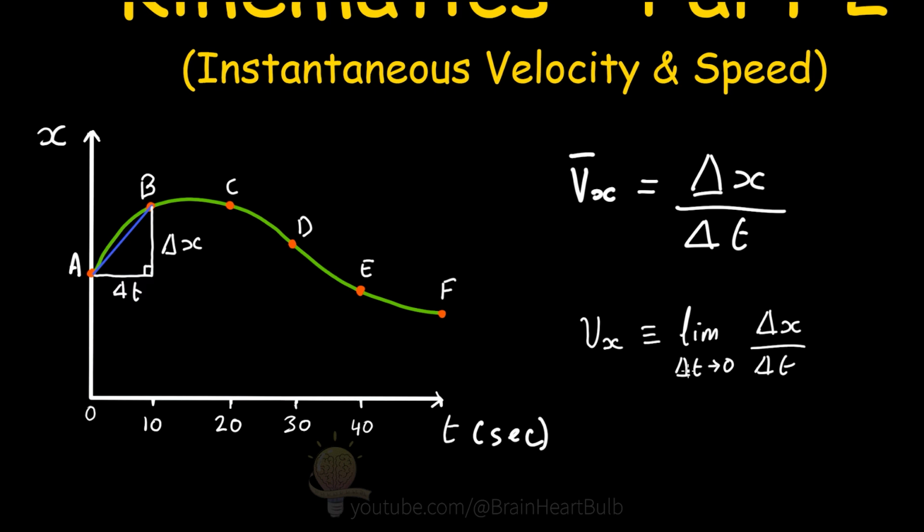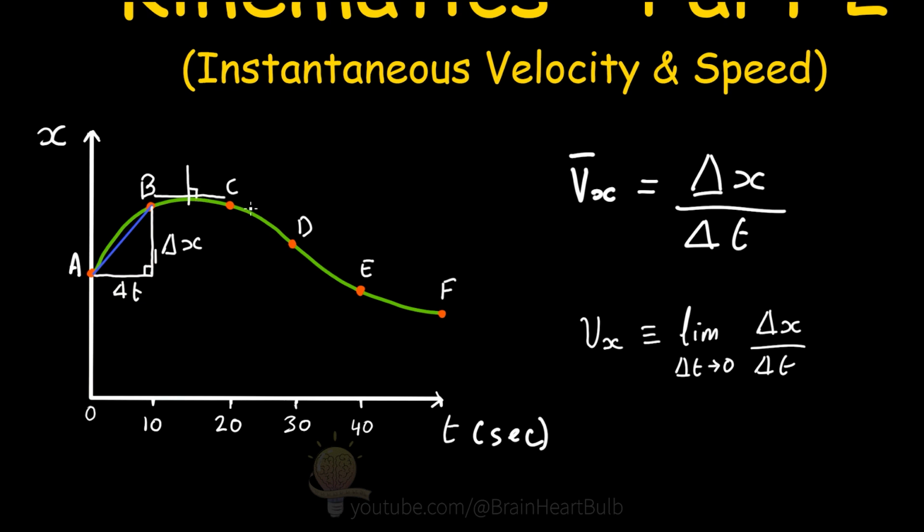And what we find when we shrink our triangle here so that delta t shrinks down and approaches 0, it never gets to 0, but it approaches 0, then we have a situation where our gradient at any point along this curve here is a tangent to the curve, which means the straight line is at a 90-degree angle.